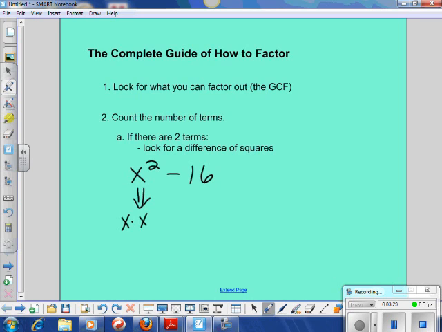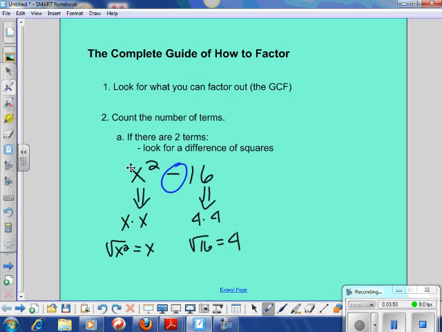So x squared is a perfect square, and the square root of x squared is x. 16 is 4 times 4, and the square root of 16 is 4. So 16 is a perfect square. And we have our negative sign in between.